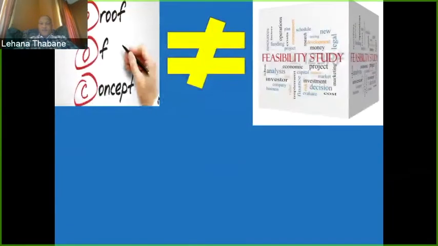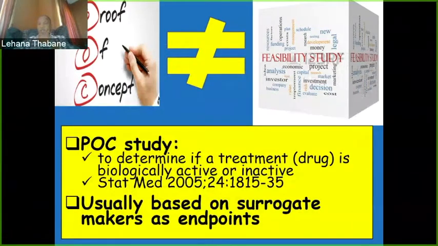Now, I just want you to realize that proof of concept is not the same thing as proof of feasibility. Typically, we use the term proof of concept for studies that are trying to assess whether a treatment has a biological effect in patients for whom the intervention is actually indicated.